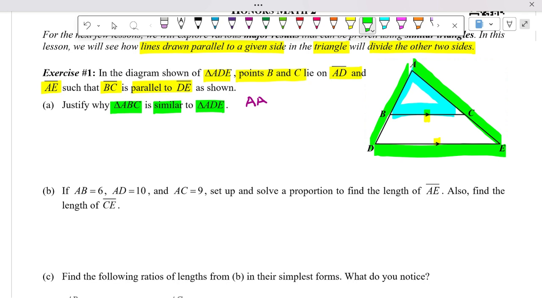We only need two of them, but we can actually show all three. So someone raise their hand, look at it for a second, and tell me one set of congruent angles. And then you have to tell me why.